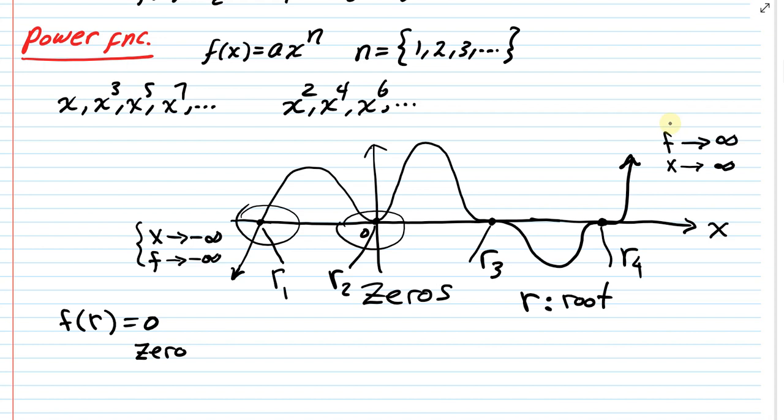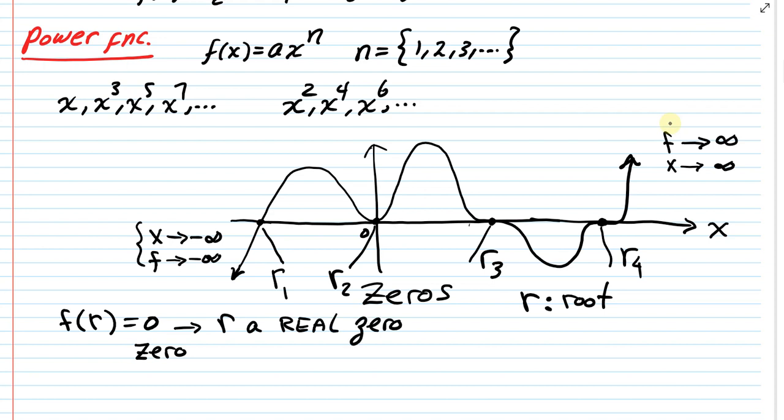But in the case of r1, r3, r4, these zeros are not literally 0. They are other numbers other than 0. Okay, so if f at r is equal to 0, then in this case we're going to call r a real zero.